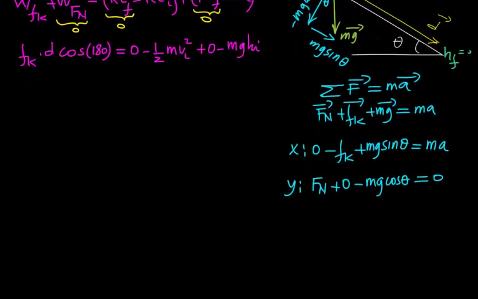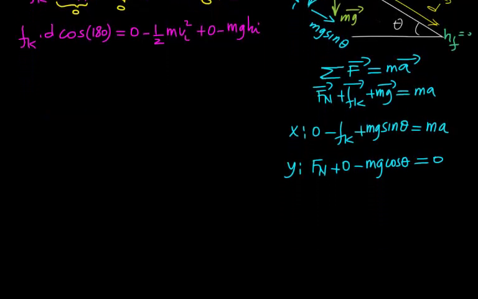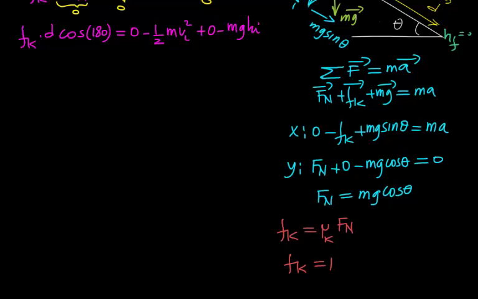To figure out Fk, first evaluate Fn, which is equal to mg cosine theta. Then Fk equals mu k Fn, and make the substitution. So Fk equals mu k times mg cosine theta.